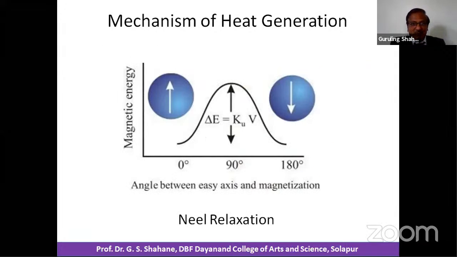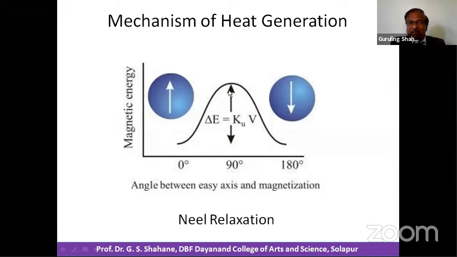Look at this second diagram so that the point will be more clear. This is the alignment. The magnetic particle aligns in this direction. And if we reverse the direction of that field, it has to overcome this barrier.